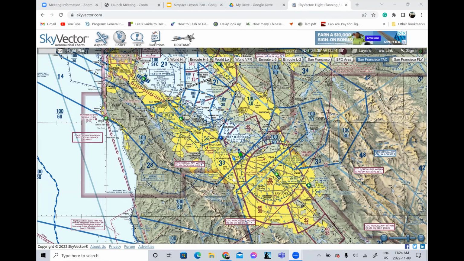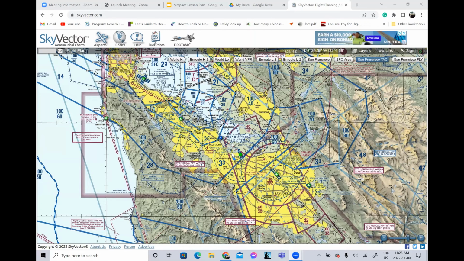In order to fly in that airspace, we'll need to establish two-way communication with ATC. To fly VFR, we need to have 3 miles visibility, be 1,000 feet above clouds, 500 feet below, and 2,000 feet horizontally.